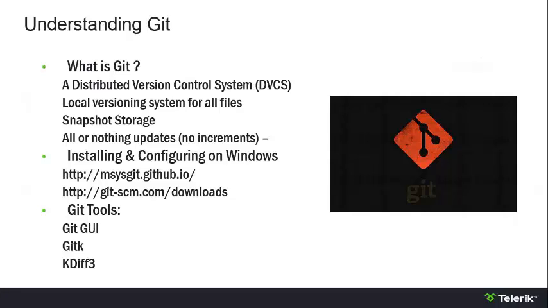I've put down 2 links there, and the most preferred download version is called MySysGit. It's one of the implementations, or the simple builds, that are available out there for Git source control, and installing it is as simple as downloading the MSI file and running it on the system.